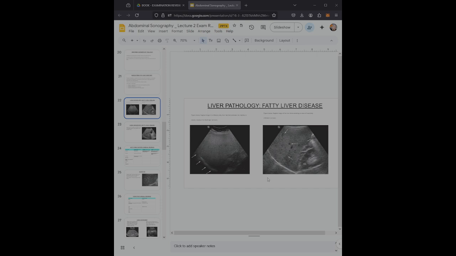Fatty changes within the liver can be diffuse or local, and diffuse infiltration will cause the liver to appear diffusely echogenic, and it will be more difficult to penetrate. So frequently in the presence of diffuse infiltration, the walls of hepatic vasculature and the diaphragm will not be easily imaged.